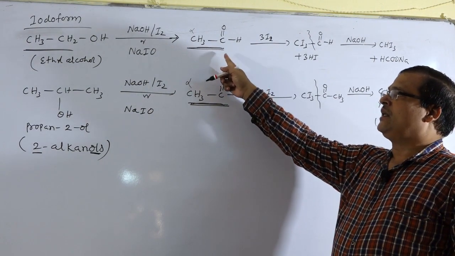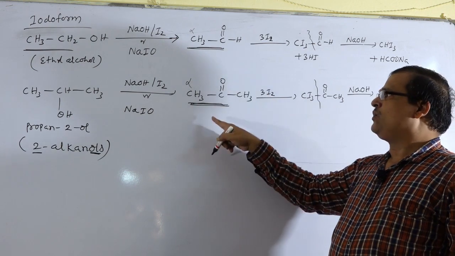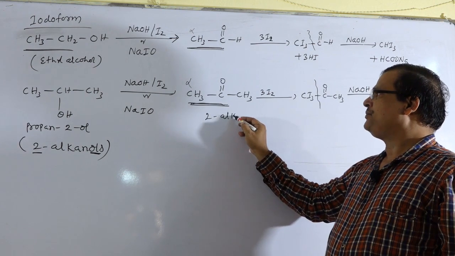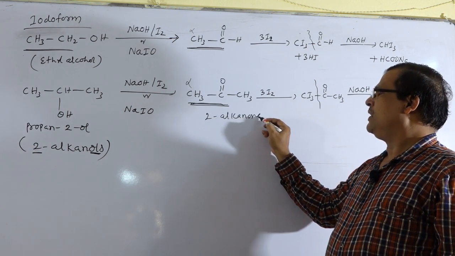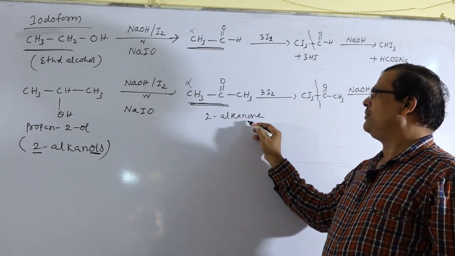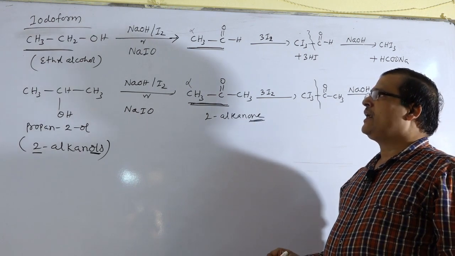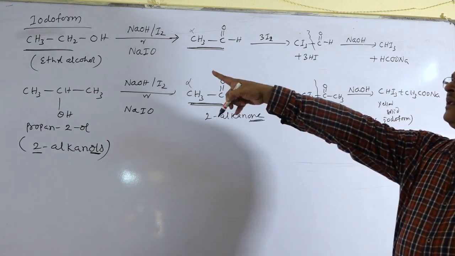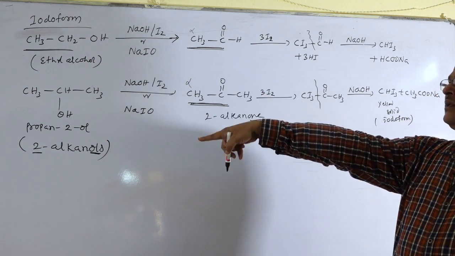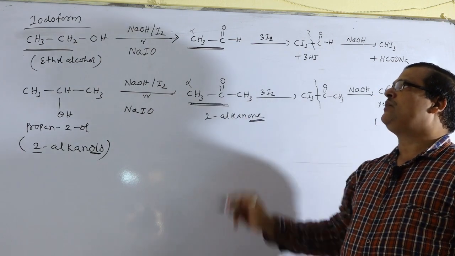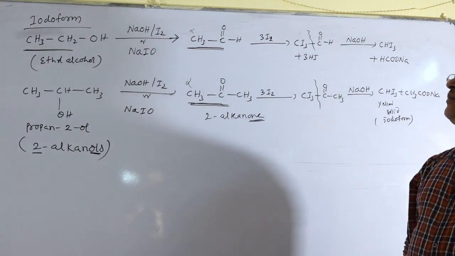Among ketones, the 2-alkanones, meaning the ketone group occurs at position 2. And among alcohols, ethyl alcohol and all the 2-alkanols show the iodoform test.